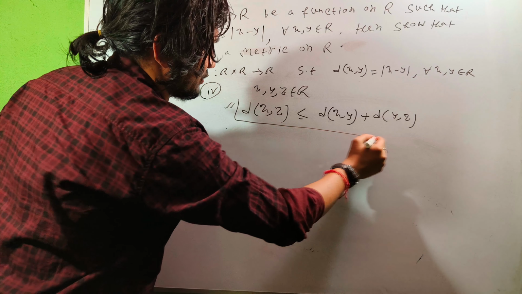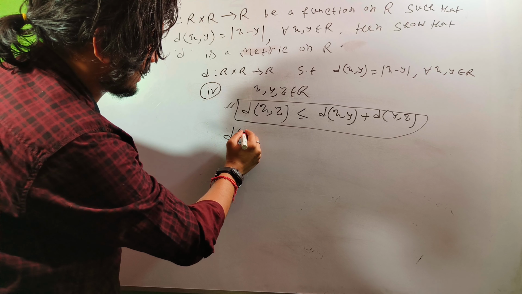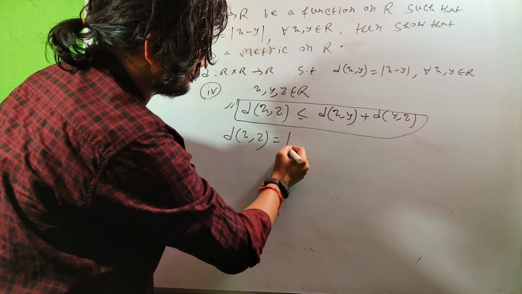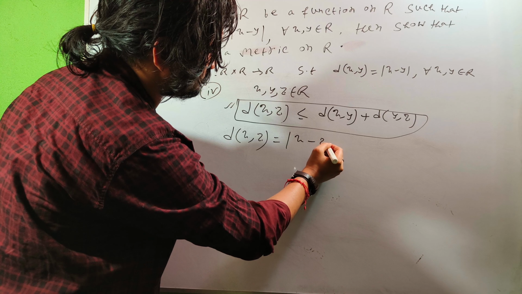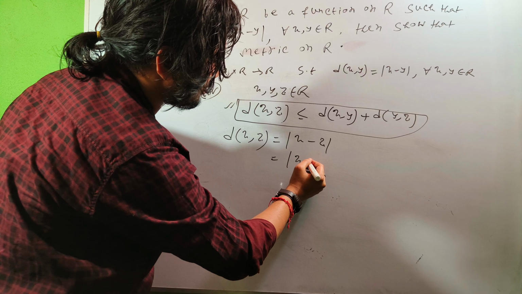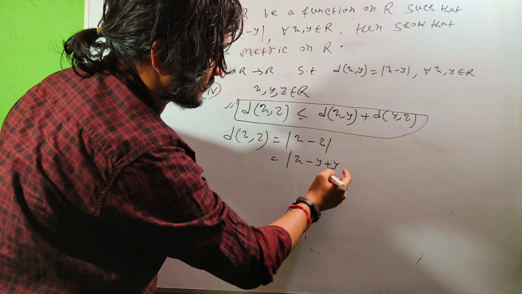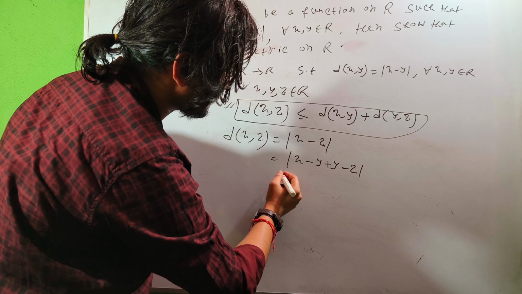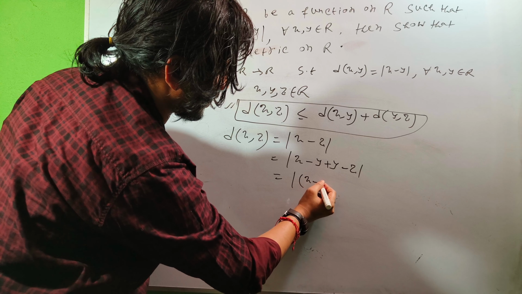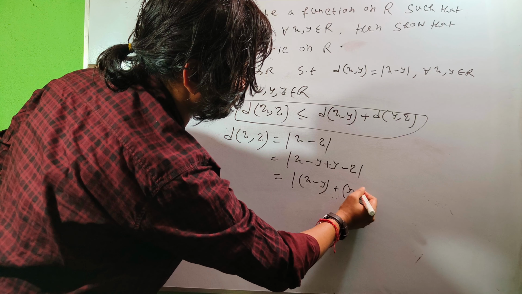So our target is this: d of x comma z is equal to mod of x minus z, which can also be written as mod of x minus y plus y minus z.